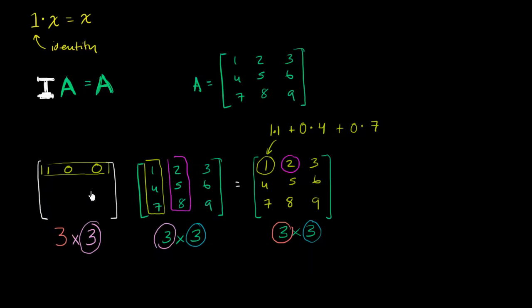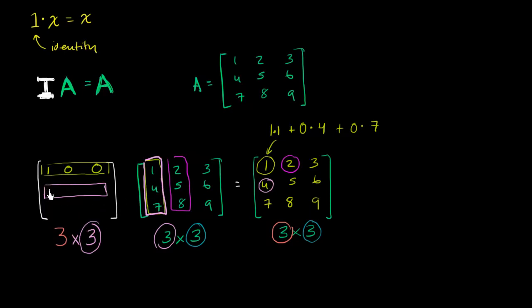Now what do we do in the second row? Let's think about it a little bit. Well, the second row right over here is going to determine what values we get over here. So for example, to get this entry right over there, we're going to multiply this row times this column, and we want to have the 4. So one way to think about it, we just want this middle entry here.